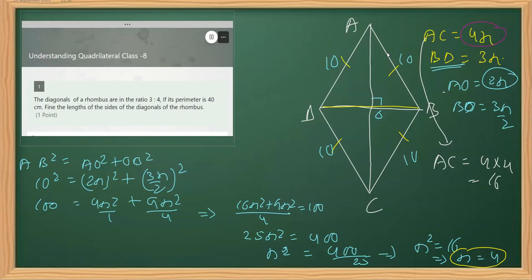And BD is 3 times x, that is 12. So we have got the lengths of the diagonals, and the lengths of the diagonals here are 16 and 12. That will be in centimeters, as the perimeter was given in centimeters. So this will be the final answer for this part.